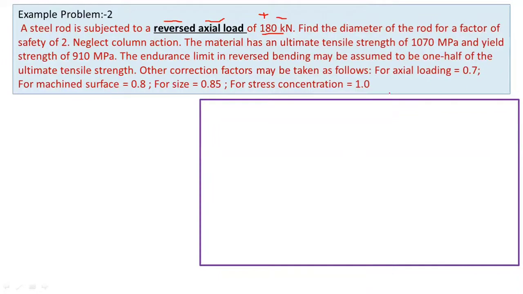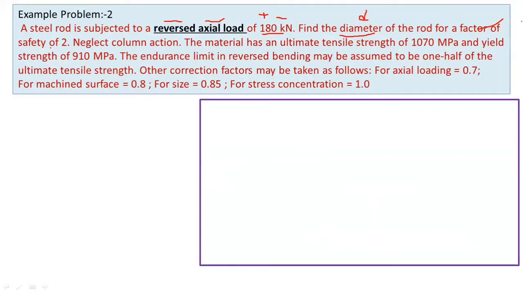Now from this equation you have to find out the value of diameter. So you have to find out a suitable diameter of a shaft. You have to find out the value of small d from this question.